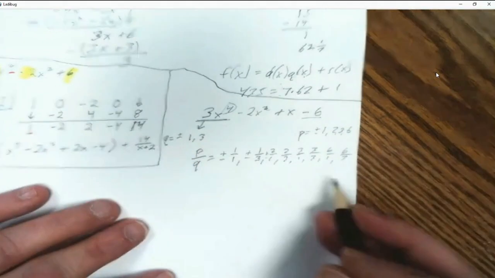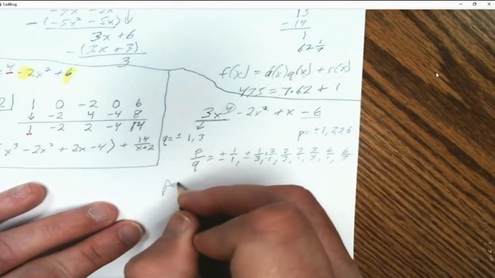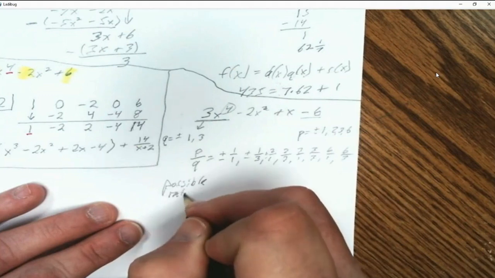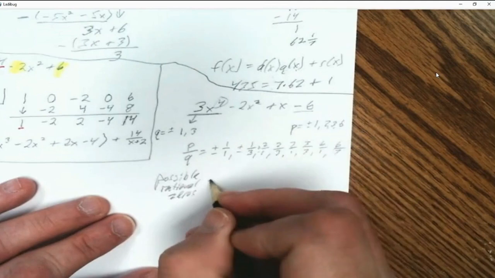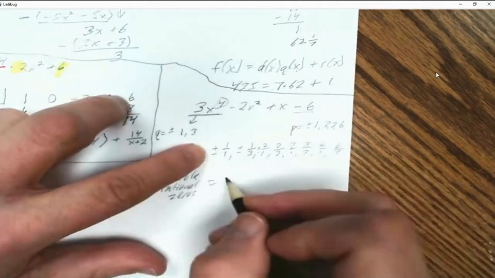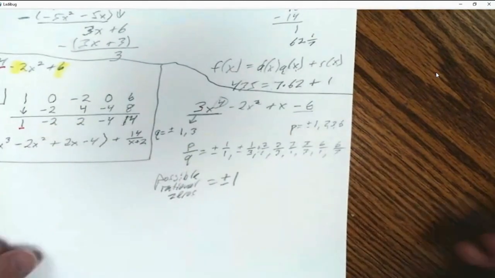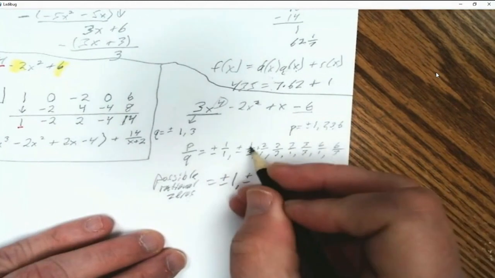All right, now let's simplify all of that. So the possible rational zeros, there could be some irrational zeros, but the possible rational zeros, plus or minus, well, what's 1 over 1? That's just 1, right? Could be plus or minus 1/3.